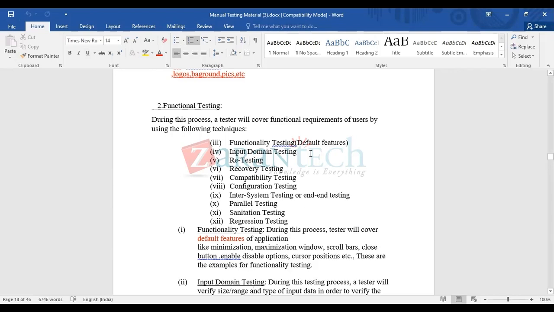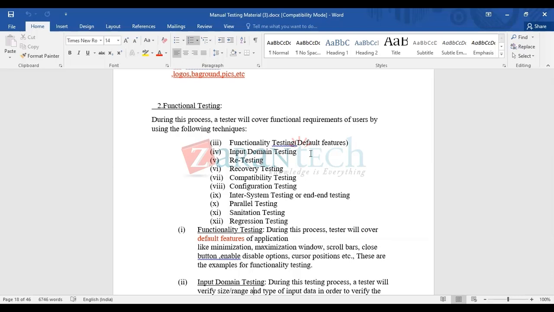Input domain testing is nothing but verifying only the input fields. Is username an input field or not? Is password an input field or not? Each and every input field is checked to see whether it is working properly or not.